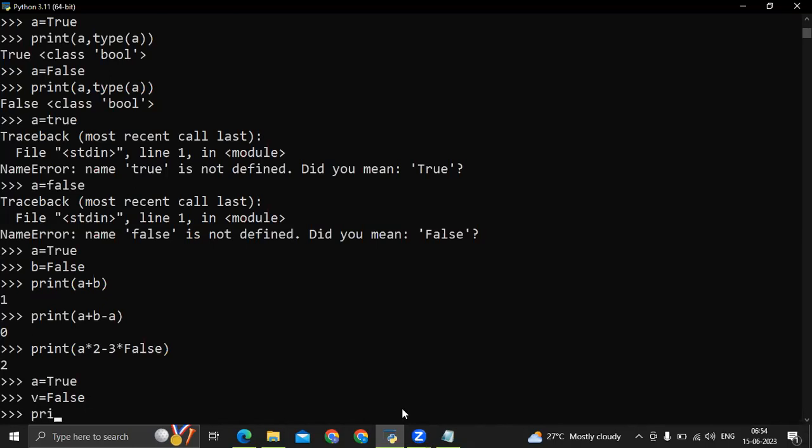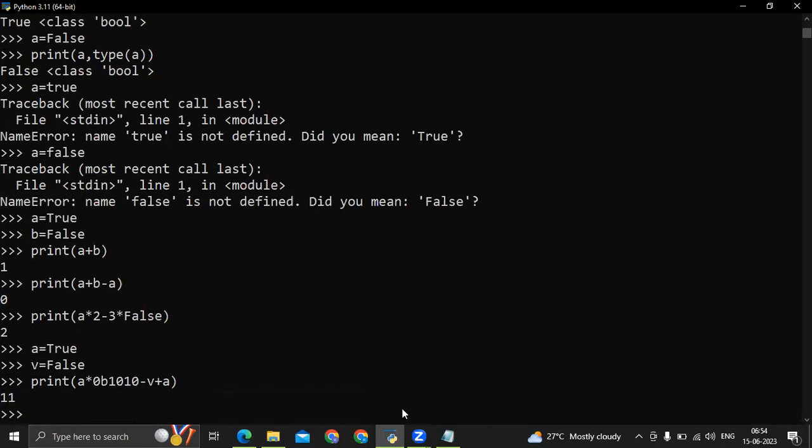Now I'm writing A into A star 0B, I'm taking 1010 minus B plus A. See, will we get the answer? Yes, we will get the answer because it supports the binary number system. The float data type does not support the binary number system.